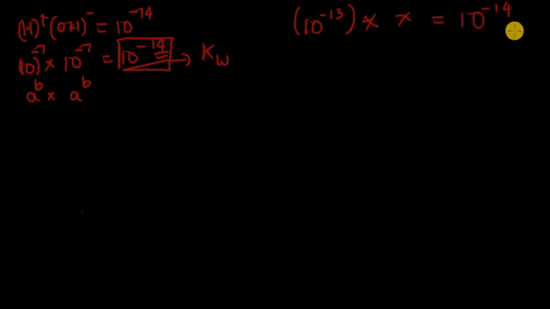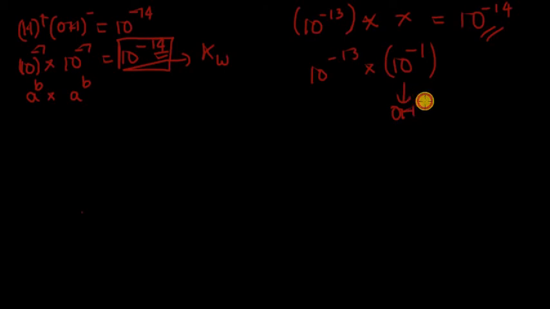When we multiply the number of hydrogen ions and the hydroxide ions, we always get this constant. So here, what should we multiply to get it? We have to multiply by 10 to the power negative 1.